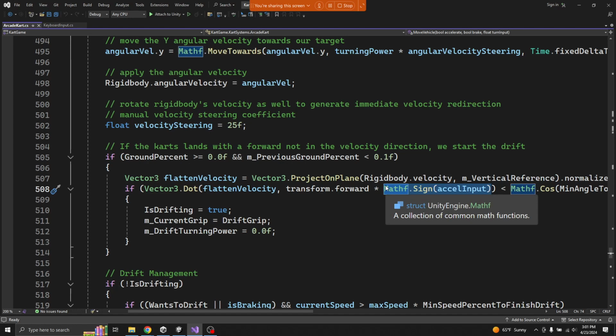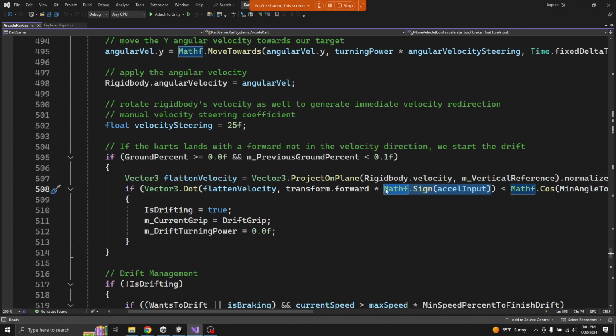if we're accelerating forward or backward, this will just be a +1 if we are pressing down, and a -1 if we're not, and even if it's 0, it's going to be a +1. So even if we're not accelerating, this is going to be a +1. All right. So whatever our forward direction is, we can flip it.